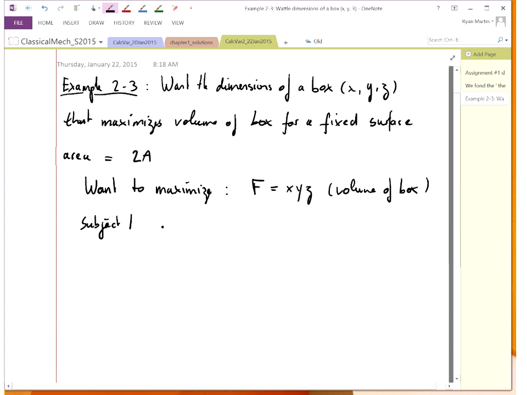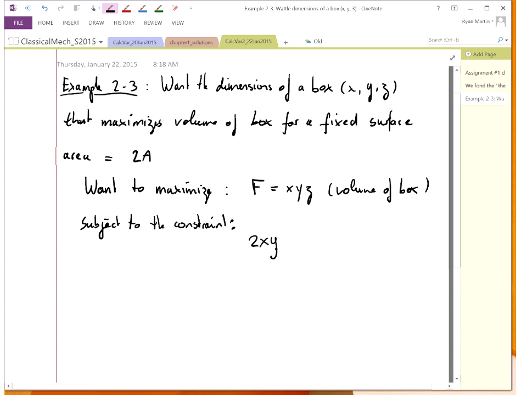And it's subject to the constraint that the area of the box is equal to 2A. So the area of the box has 6 faces, right? So it's a closed box.